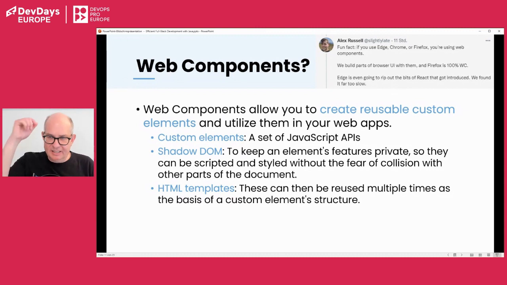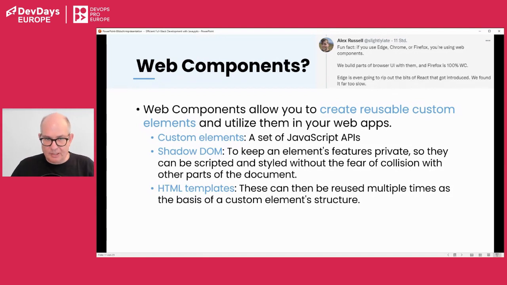And the interesting thing is the quote from Alex Russell from Twitter. He wrote that if you're using Edge, Chrome, or Firefox, then you are using web components. So, for example, Firefox is made out of web components. And Alex Russell, by the way, is the product manager of Microsoft's Edge browser that is based on Chromium.